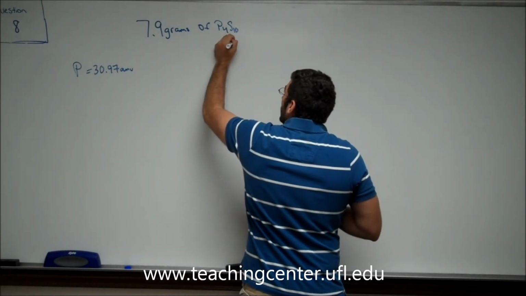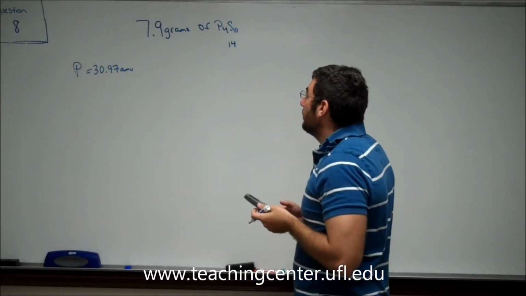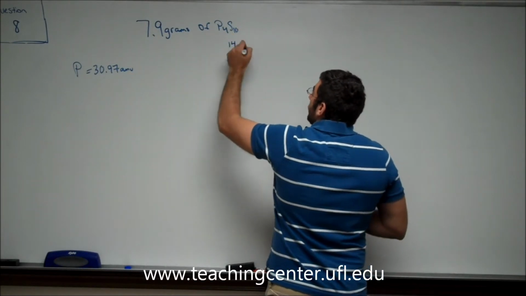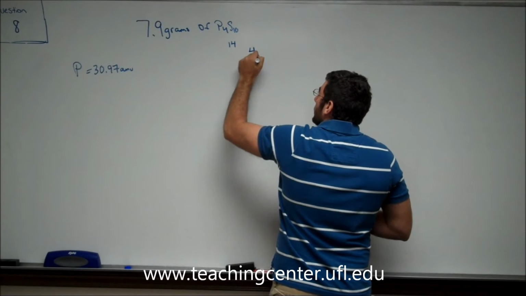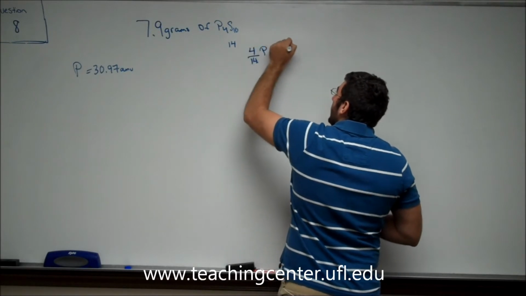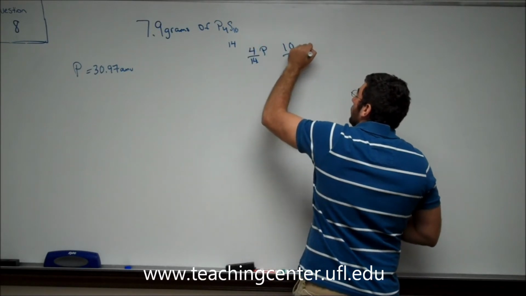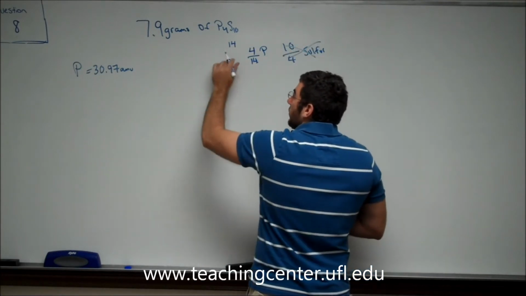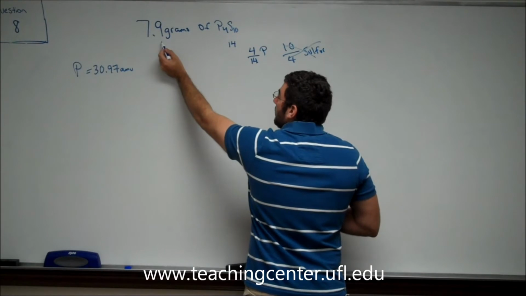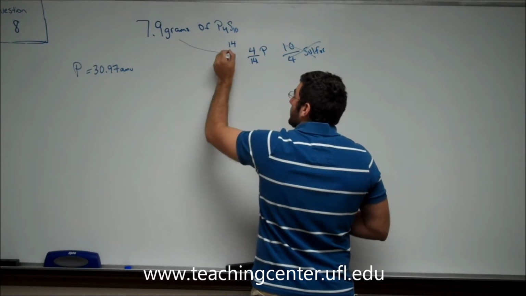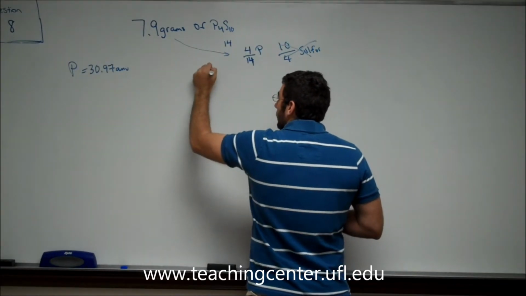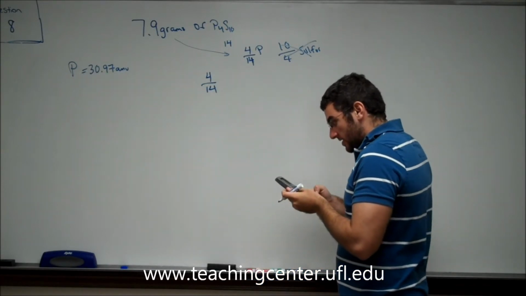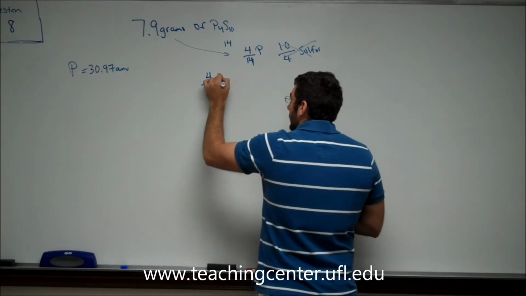gives us a total of 14. And we have 4 of the 14 are phosphorus, and 10 of the 14 are sulfur. Well, we don't really care about the sulfur that much, so in order to determine how much of the 7.9 grams is phosphorus, 4 divided by 14 equals 0.2857.